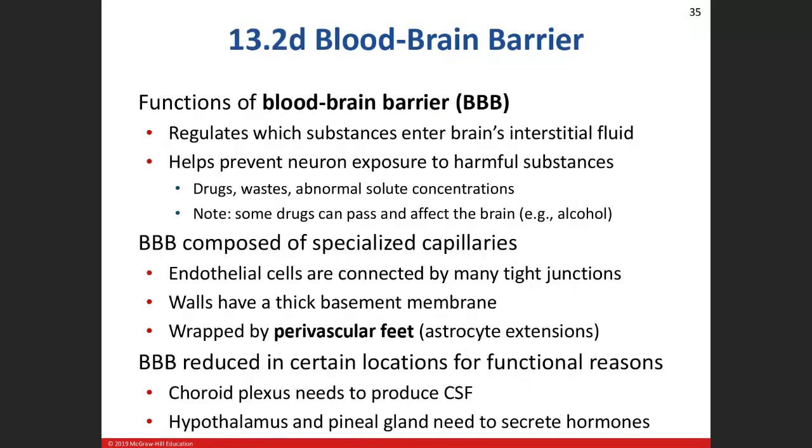All right, I'm going to stop there, and let's do some labeling, and then we'll take off. It's a good place to stop because I love the blood-brain barrier. It's really, really important to understand the blood-brain barrier. We can really learn it later.